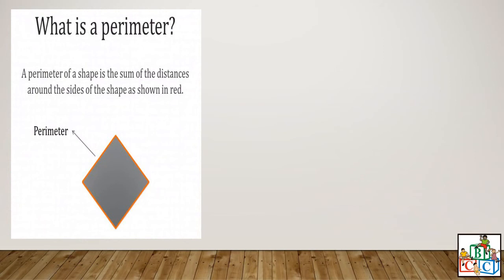Okay, what is a perimeter? I think you already know. A perimeter of a shape is the sum of all the distances around the sides of the shape, as shown in the figure in red. So you need to calculate what is outside the shape.